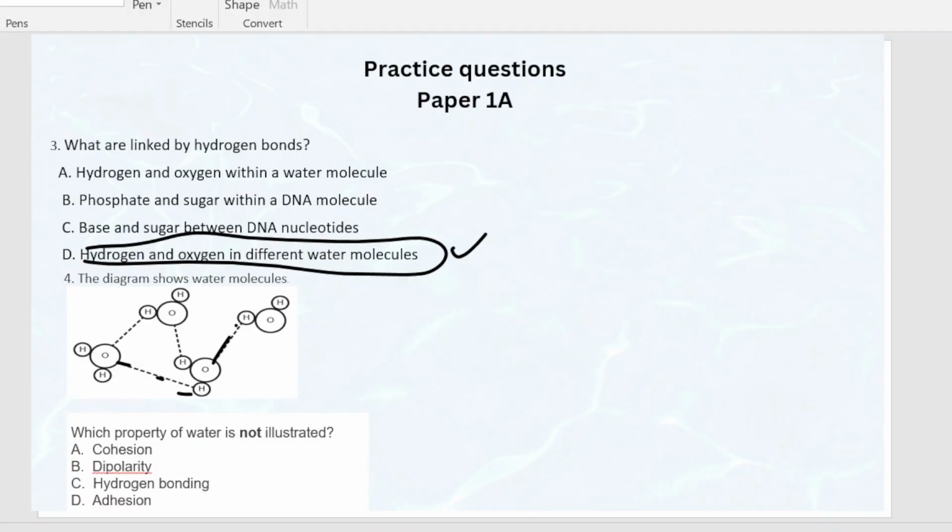Hydrogen bond has effects on cohesion, if you remember. Hydrogen bond is illustrated here. Also we have dipolarity. There is dipolarity here, but it is not illustrating adhesion.